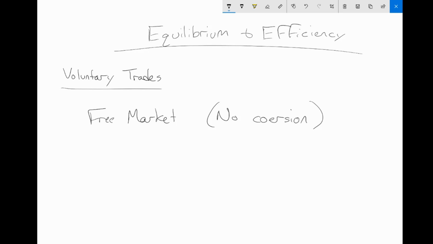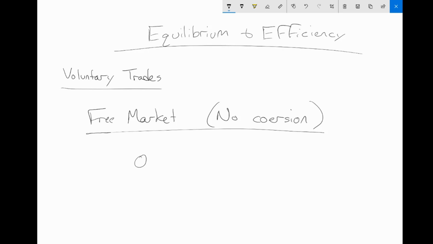So in a market without coercion, where all decisions are made voluntarily, agents will enter into voluntary trades or voluntary economic exchanges. And when they do so, they will be making Pareto optimal or Pareto improving decisions. Let's illustrate that. Why would that be the case?